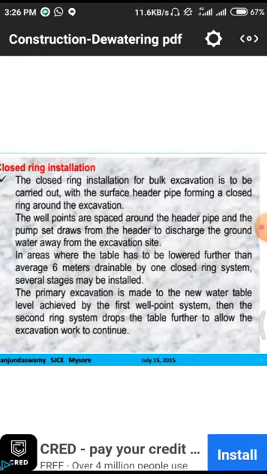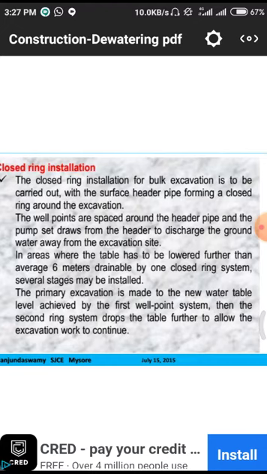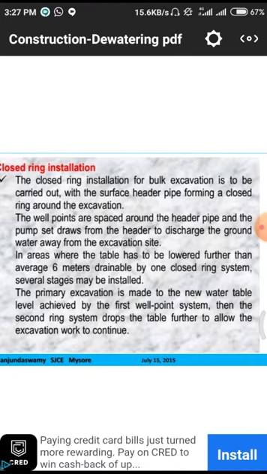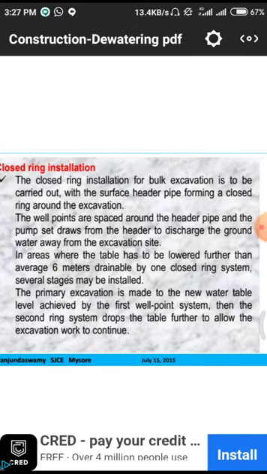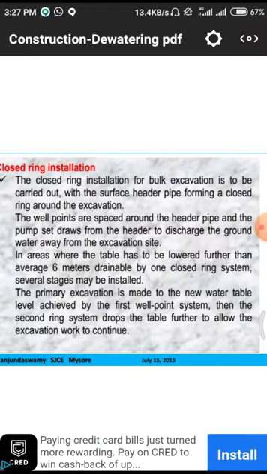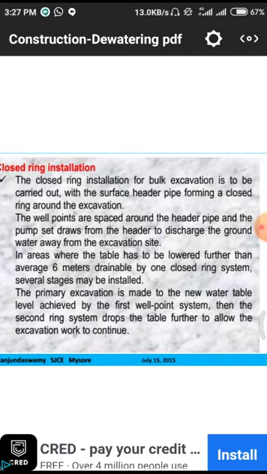After the installation of the riser pumps is over, we feed them with the main pipeline system, so these closed rings are normally formed in the particular land at different points. At those closed ring points we have to dig small well points, and after the well point is done we have to inject into these riser pumps.